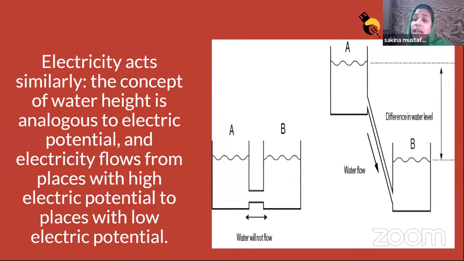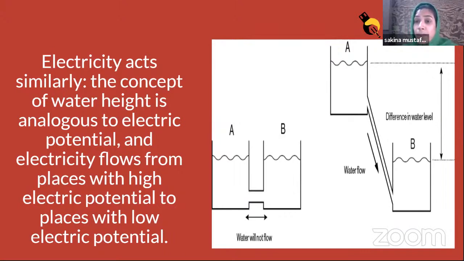That we understood when I visited the waterfall. I saw the water flowing from a great height down. So similarly here, water will not flow from A to B if there is no difference in height. It will be steady.